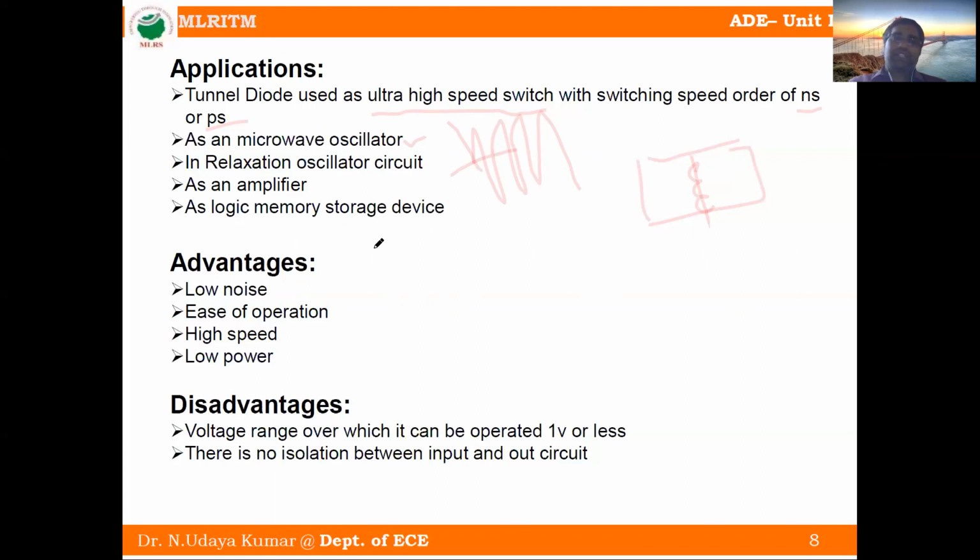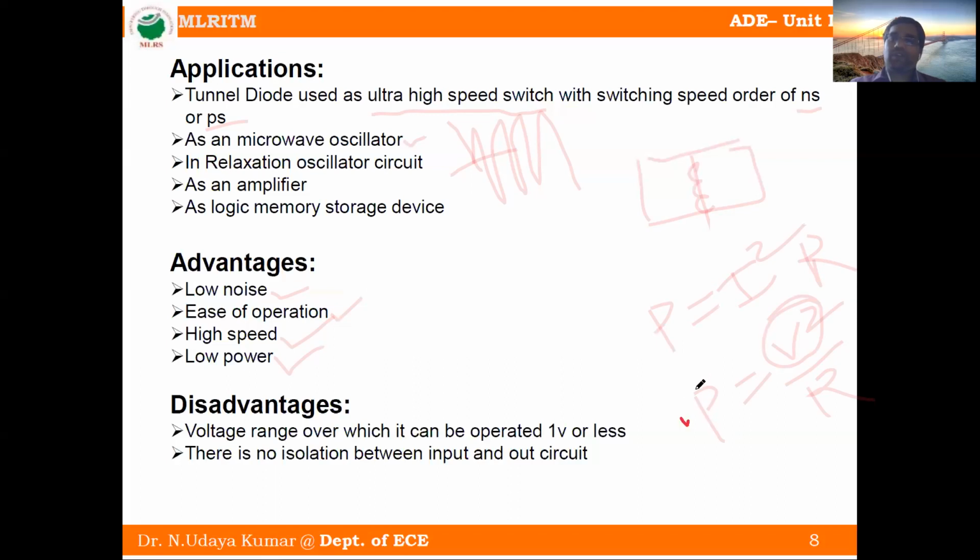So what are the advantages? Advantages are very low noise, ease of operation, and high speed, ultra high speed. It is also low power. We require low power because voltage is very small. We know the power formulas: power is equal to I squared R, and the other formula, P is equal to V squared by R. So if voltage is very small, power is very small, low power.